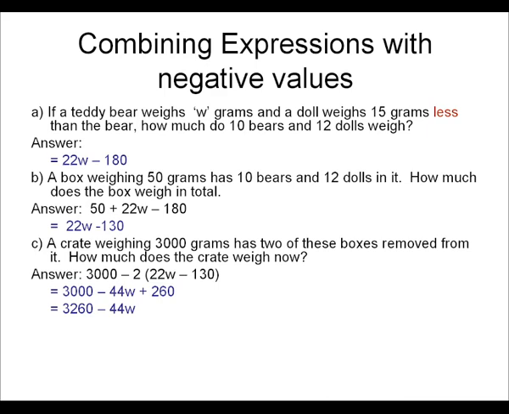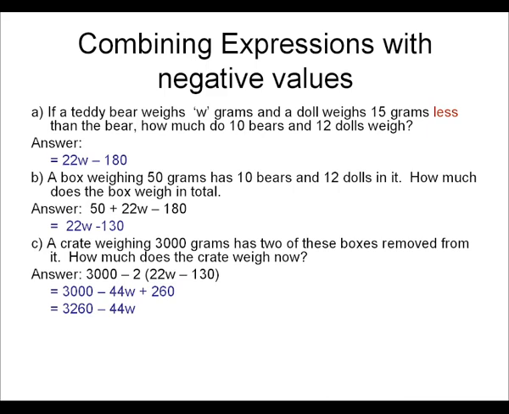So we have 3,000 less 2 groups of 22W, which is minus 44W, and we're subtracting two groups of minus 130, where we have -2 times -130, which is +260. At this point, when you have an expression, you don't really think so much about subtracting two subtractions of 130. You just look at the expression and you go -2 by -130 gives me +260.